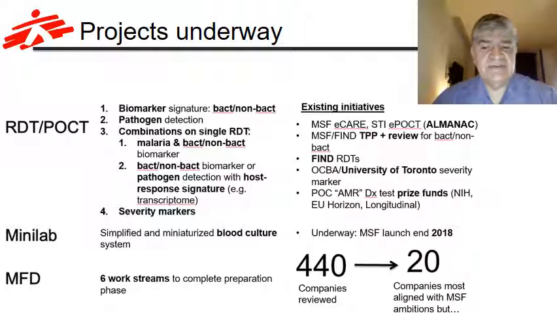OGBA with the University of Toronto is looking for severity markers, and there are projects funded by NIH and the EU focused on antimicrobial resistance. We reviewed more than 440 companies with different projects and prototypes. Among them, 20 have similarities to what we expect, but none of them has the same requirements that we are looking for in MSF settings.